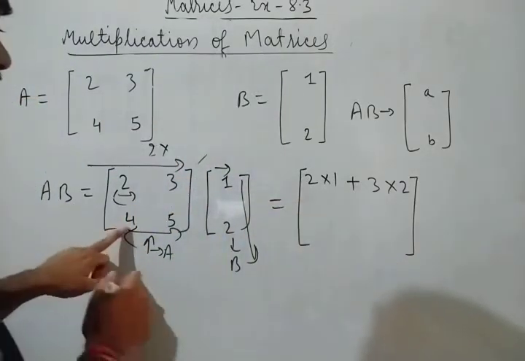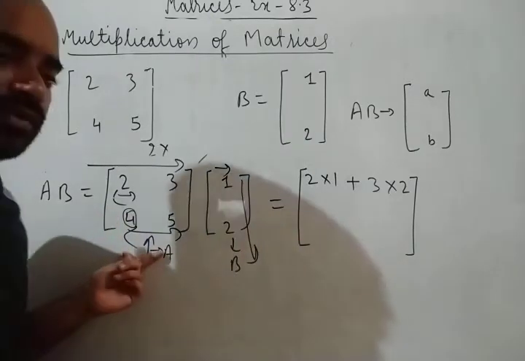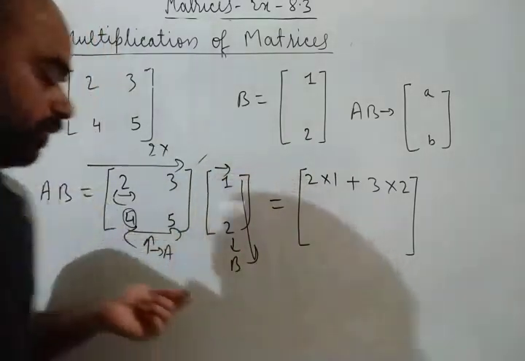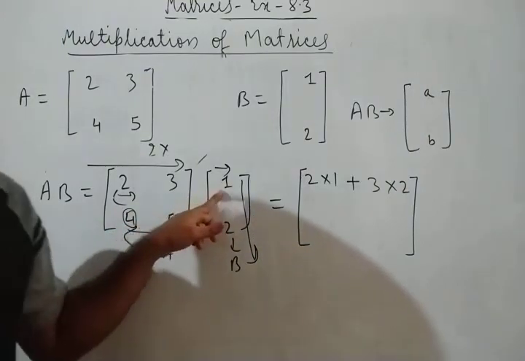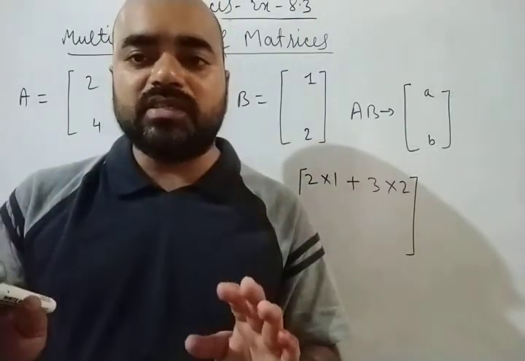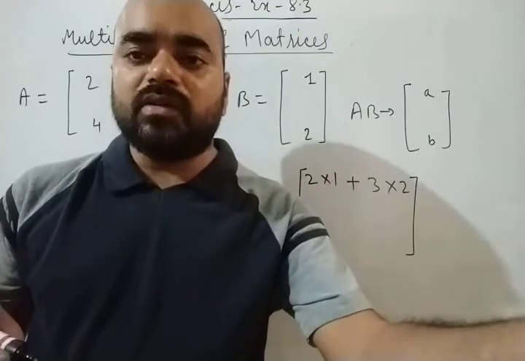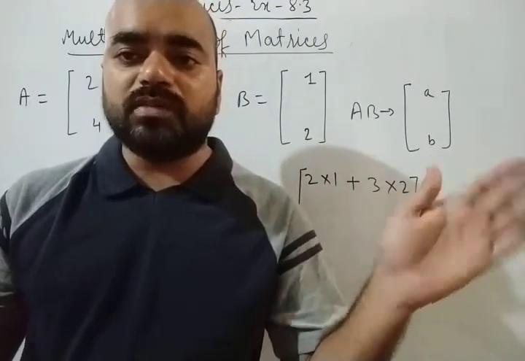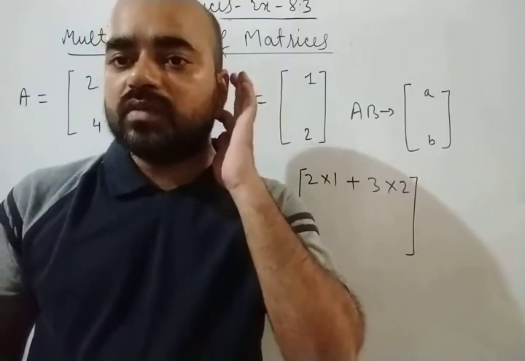In the second row, what is the first element? 4. And in the first column, what is the first element? 1. Corresponding elements means the first element of the row is multiplied by the first element of the column, and the second element of the row is multiplied by the second element of the column.